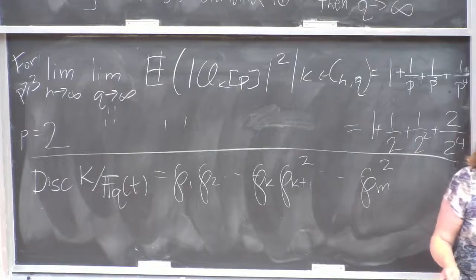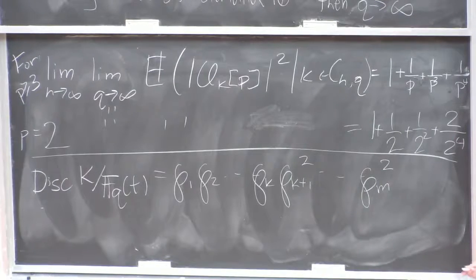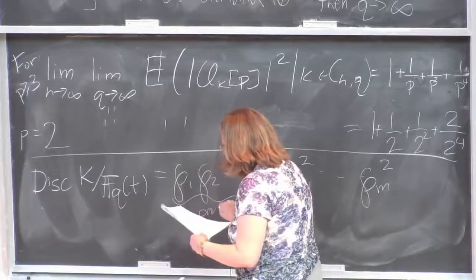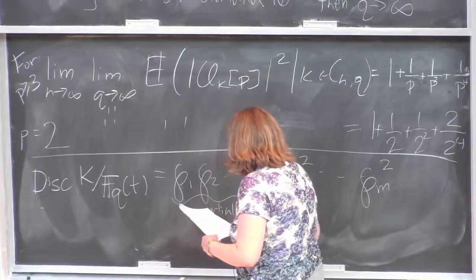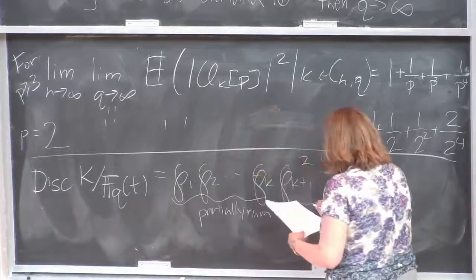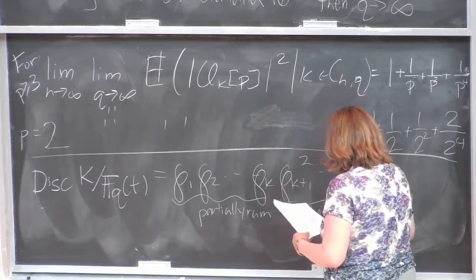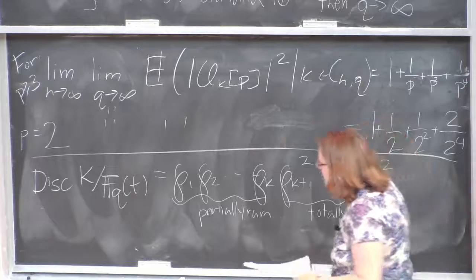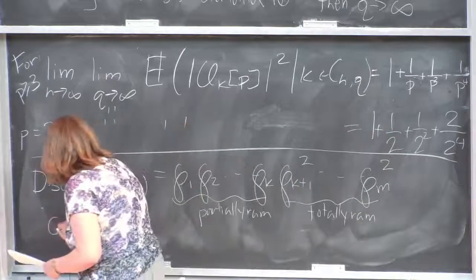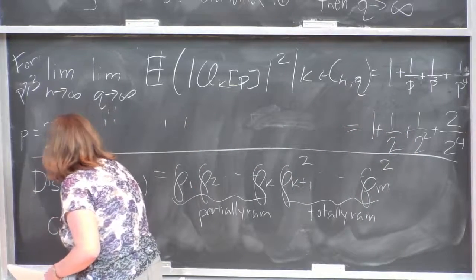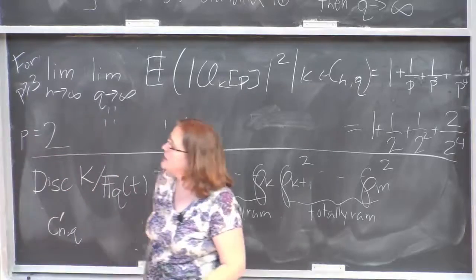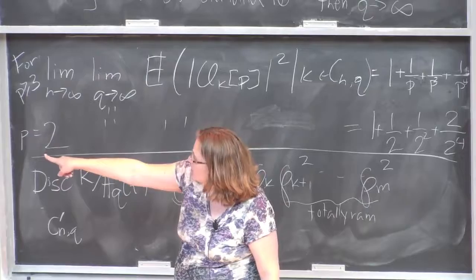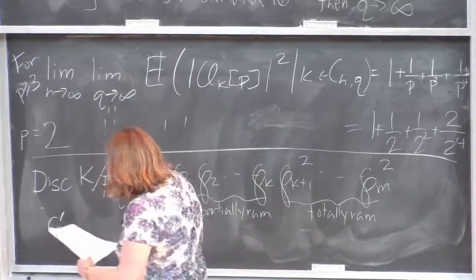And the same thing happens in the function field case, except primes are now irreducible polynomials. So you've got some partially ramified, okay, and some totally ramified. Okay. And now, let's say, I'm going to write C_{n,q}' . So C_{n,q} here were my cubic extensions with discriminant q to the n.